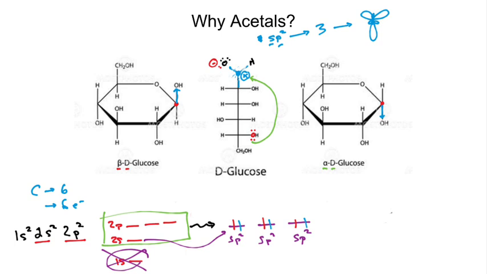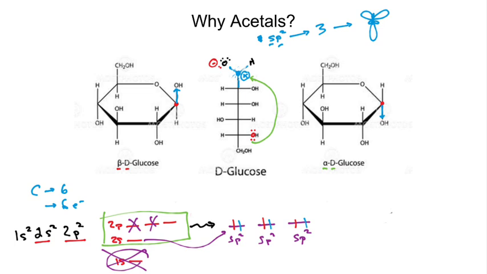sp2. When we said sp3, how many p orbitals did we use? 3. How many p orbitals did I use for sp2? I used 2. So 2 of those are consumed. Can I destroy matter? Nope.